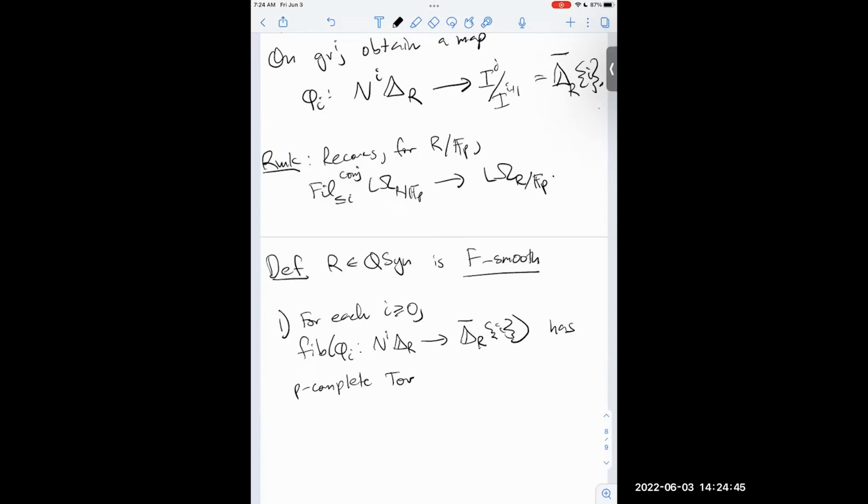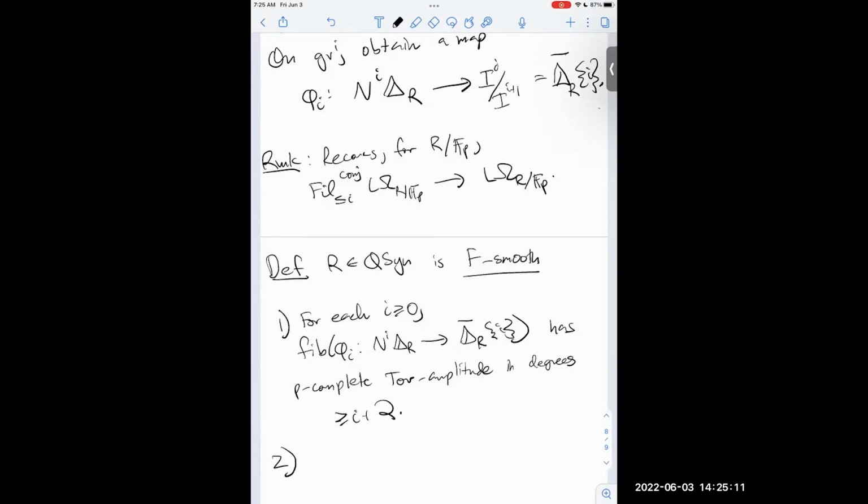So p-complete Tor amplitude means that you have the Tor amplitude condition after you extend scalars to R mod p. So it has p-complete Tor amplitude in degrees at least i plus 2. Right, so that's an analog of the first condition in Cartier smoothness. And the second condition is the analog of Hodge completeness.